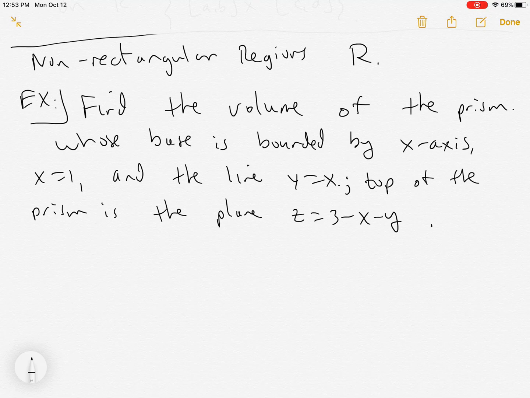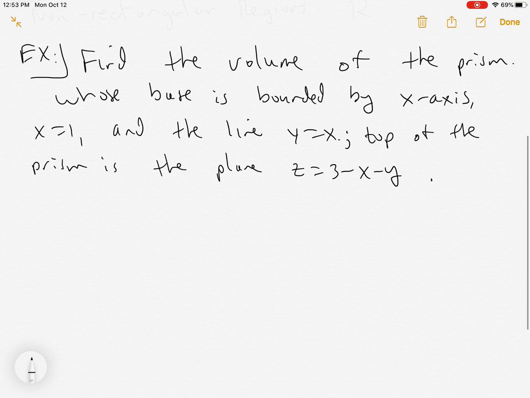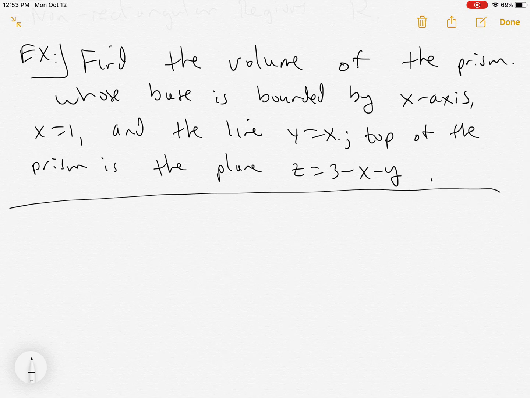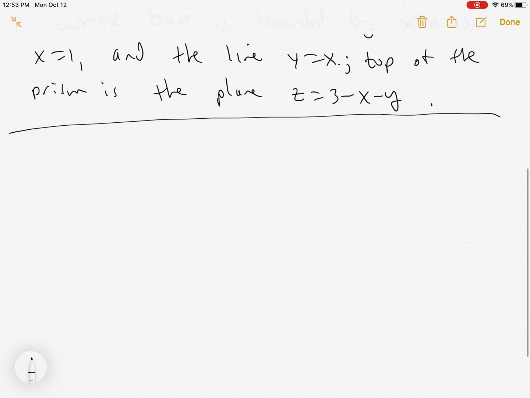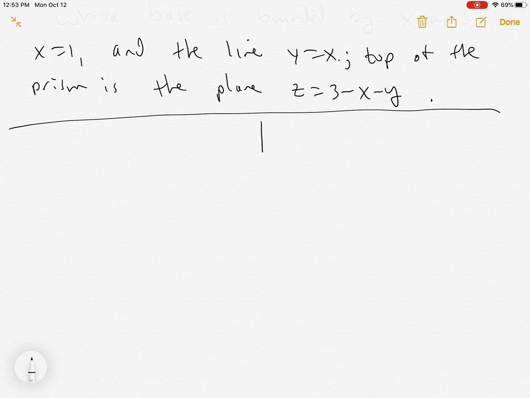All right, so this is really similar to what we did, but now our base turns out to be non-square or non-rectangular. So let's get a nice picture up here. I'm going to put 1 out here on the x-axis.